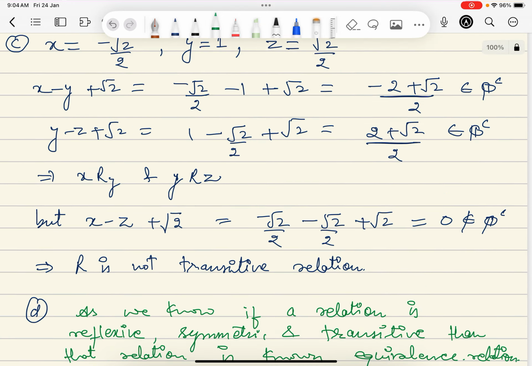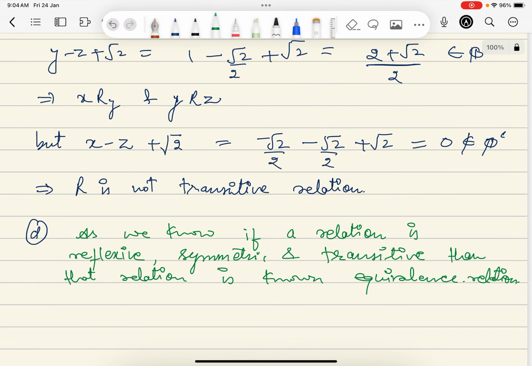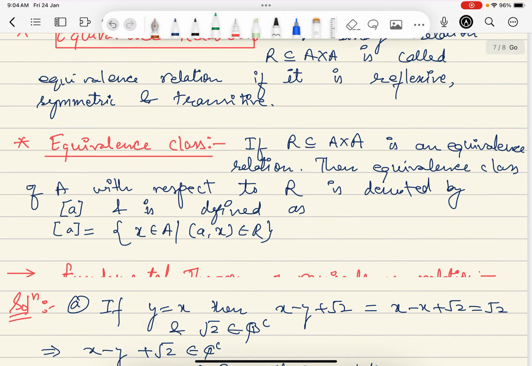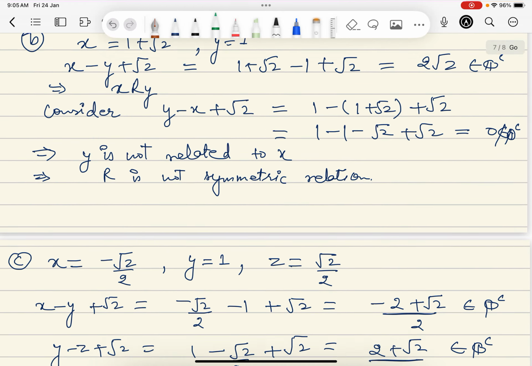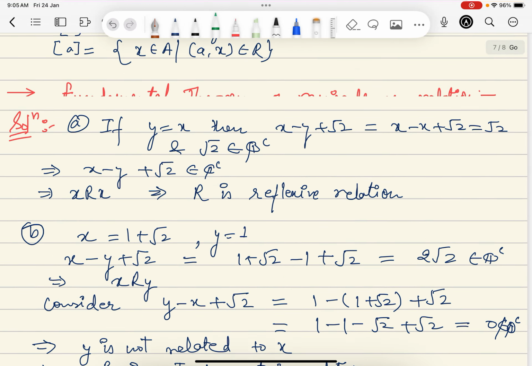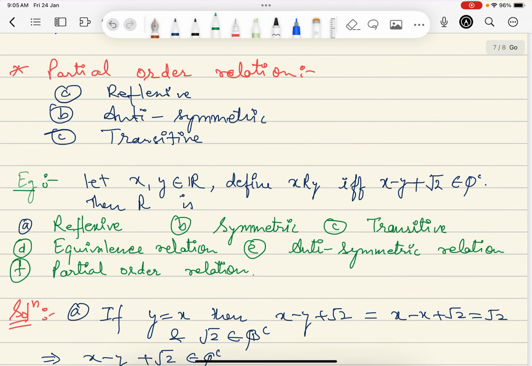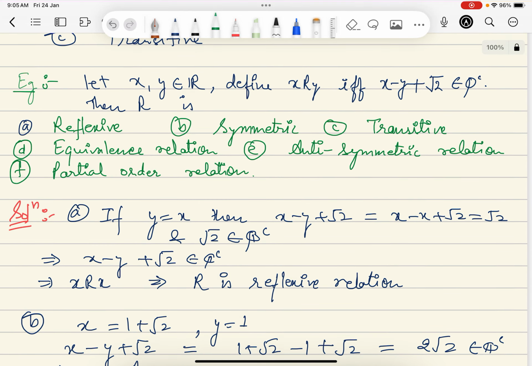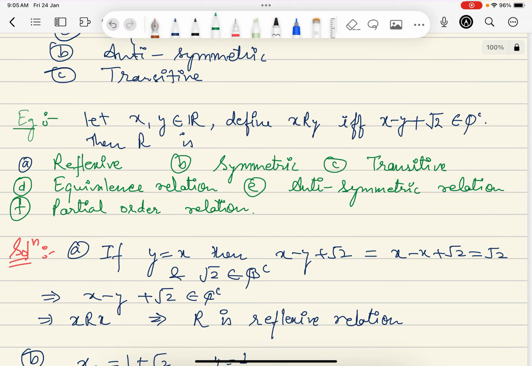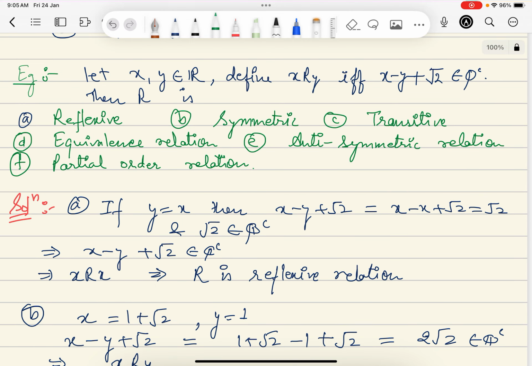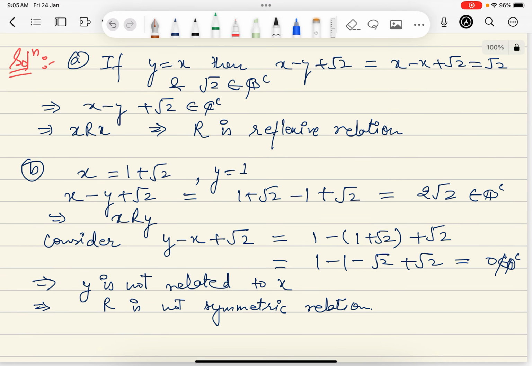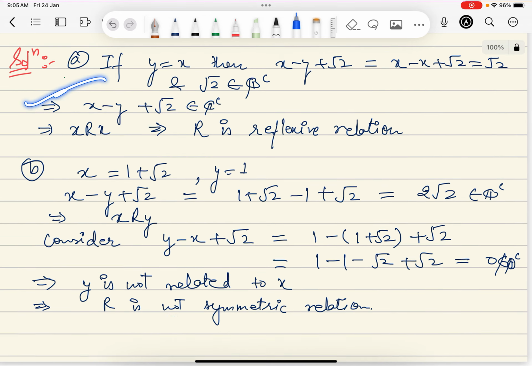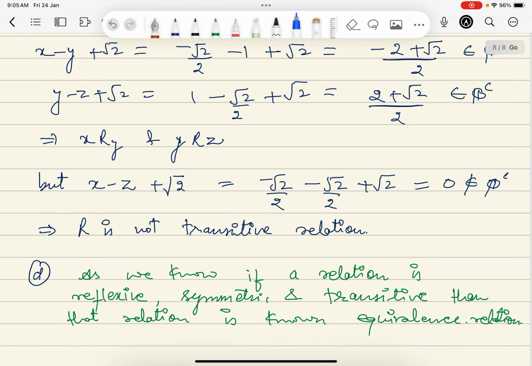Okay, here we saw the given example. Here is the example: reflexive, symmetric, transitive. Okay, so it is reflexive but not symmetric, also not transitive.